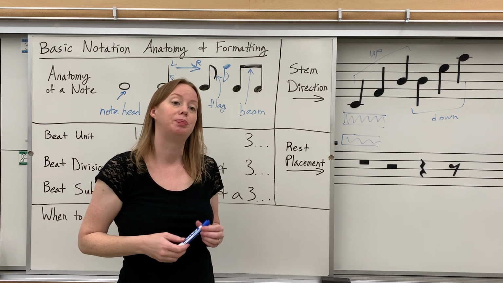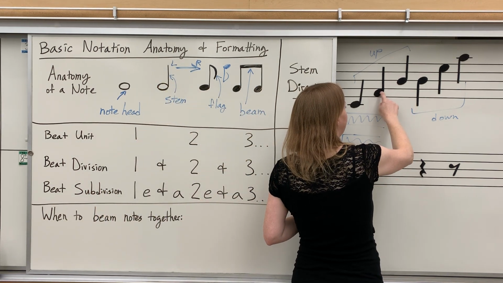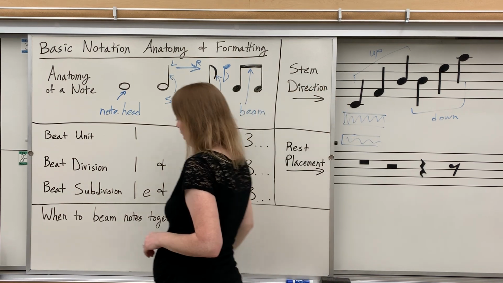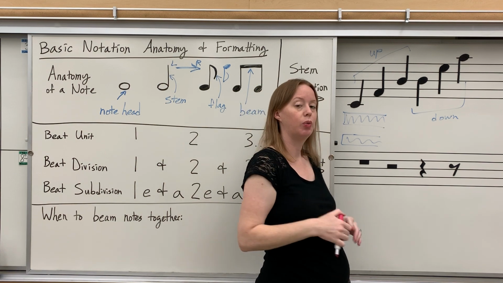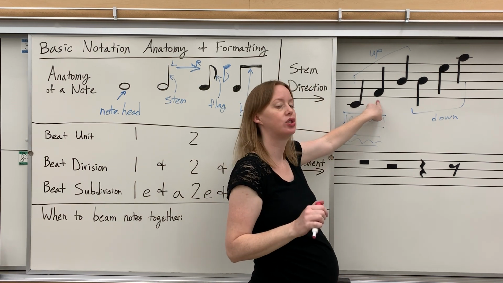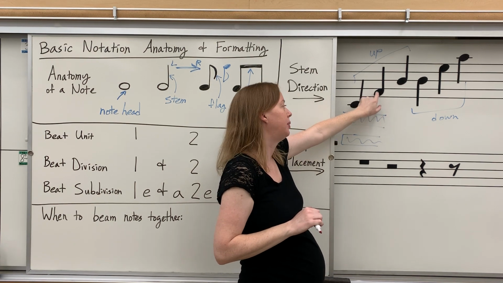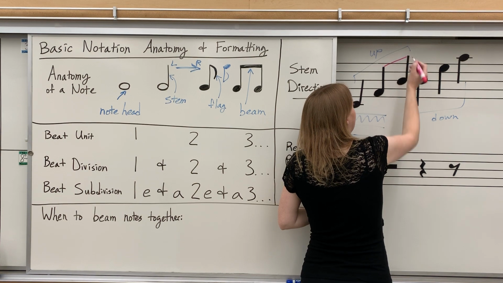If you are going to beam two notes together, let's say I was going to beam this note and this note together, I would want the one that is not on the middle line to tell me which direction my stems would go. So because this one is going up, we would want to beam these two together here.